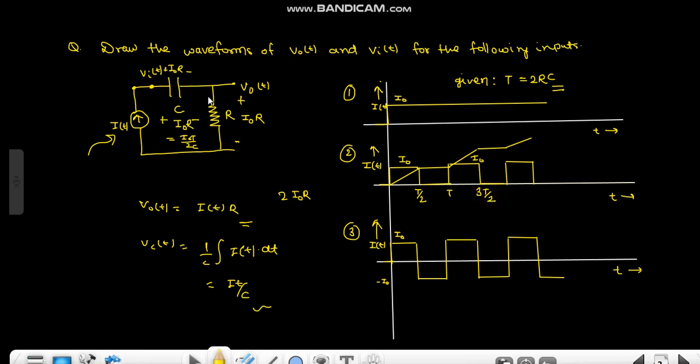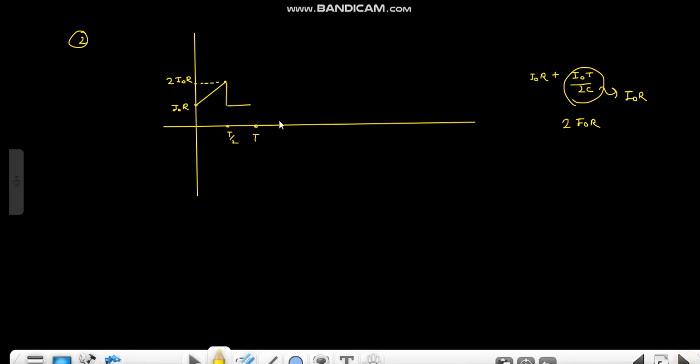So how much charge will the capacitor store? The capacitor already has I naught R charge, and the voltage across the resistor will be constant I naught R. But because of the current applied, it will again store I naught R charge, so it will end up at 2 I naught R, and 2 I naught R plus I naught R is 3 I naught R. So we will have 3 I naught R at 3T by 2.